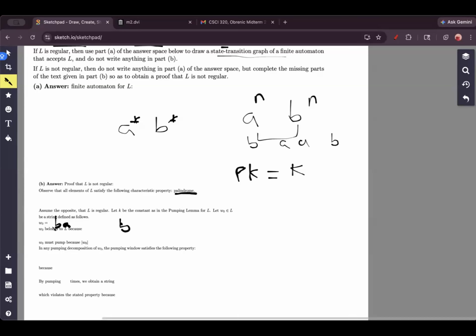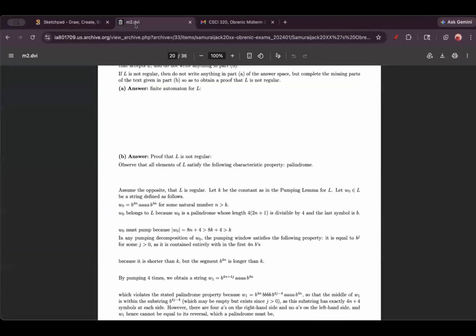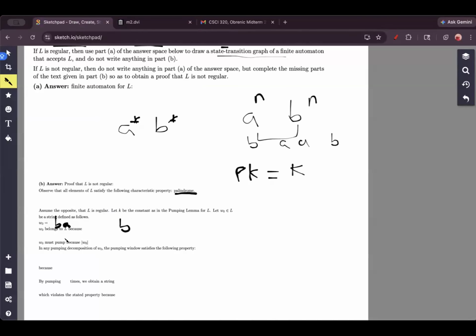So the B's could stay the same, right? Like the example that she gave is that our B's stayed the same. But I assume that we could also keep the A's arbitrary. Let me just use the string that she used because I think that's a good string to be used over here. For N, and then I'll use two A's and then N over here too.